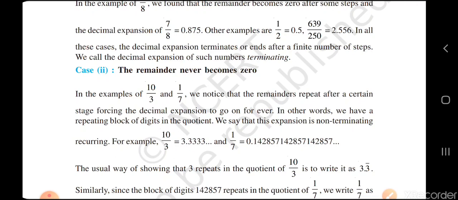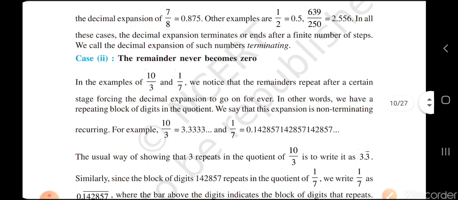In other words, we have a repeating block of digits in the quotient. For example, 10 upon 3 is equal to 3.3333 and so on, and 1 upon 7 is 0.142857, again 142857, again 142857.